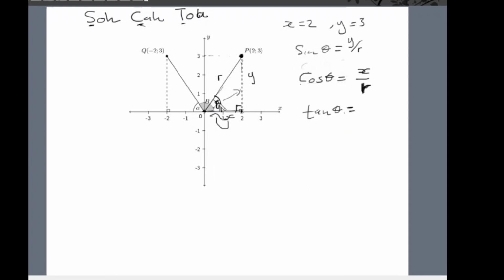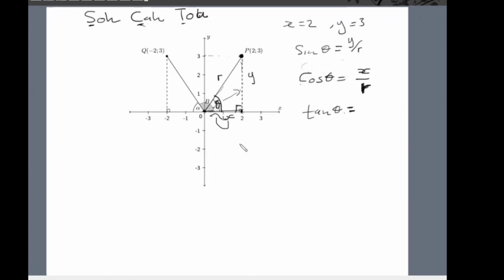So we have theta there, this is our angle theta, and when you want to calculate the values of these trigonometric ratios, sine is y over r, right? And then we know y is equal to 3, but we don't know r. The way to calculate r, you will use the theorem of Pythagoras.